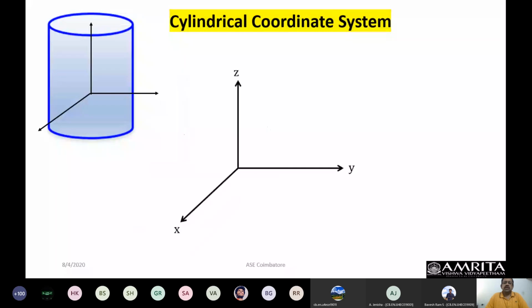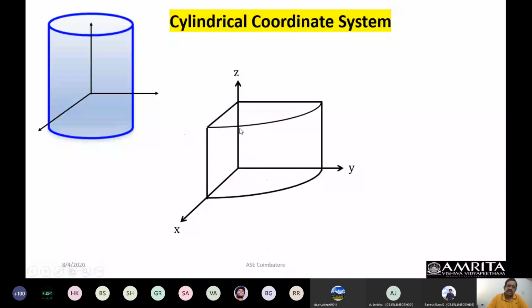So this is my rectangular coordinate system, and what I'm going to do is, this cylinder that you are seeing, I am going to cut only one part of the section of this cylinder and superimpose it here. For understanding, I have only one section. You can see that I have cut one small section, a 90-degree section, and placed it over here with these 2 planes, and then there is a curved surface, which is the cylindrical surface.